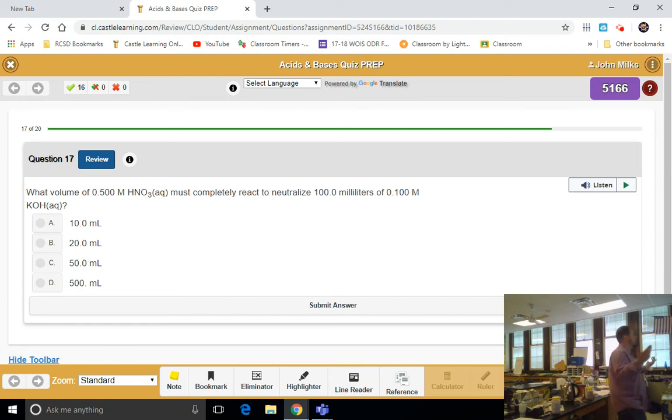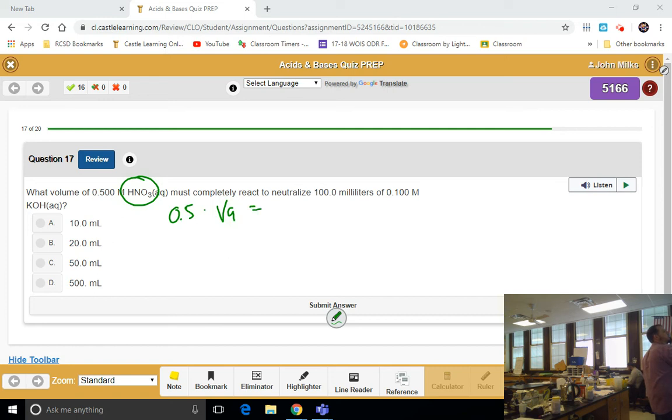Looks like I got another one. Real quick plug and chug. MAVA. What volume, that's VA, here's my acid, HNO3, so the molarity of acid is 0.5 equals 100 milliliters times 0.1. Divide both sides by 0.5.